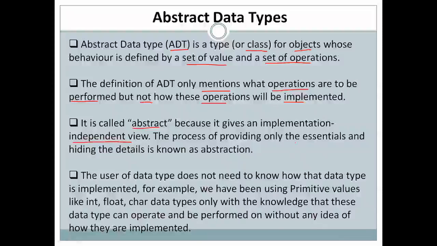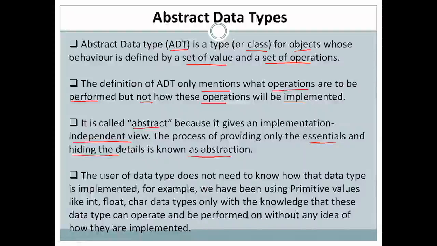The process of providing only essentials and hiding the details is known as abstraction. We have already studied abstraction in Java. So abstraction simply means providing only essential details and hiding the details from the user.